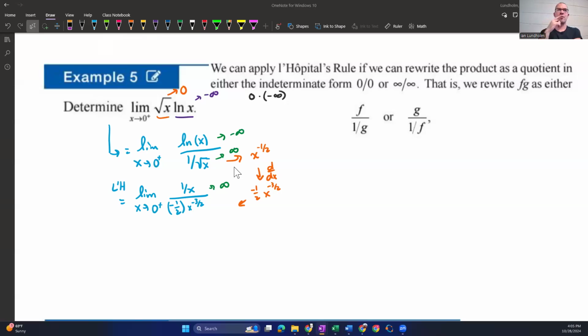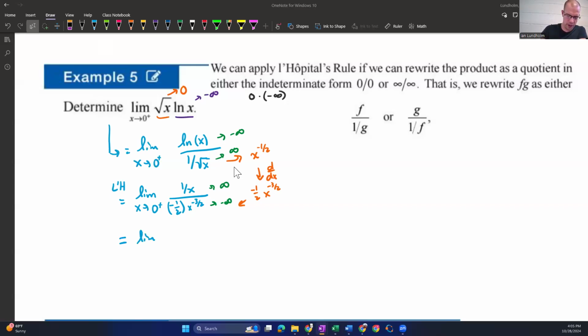I think the bottom now is negative infinity. The main thing, though, is that we can continue to work with this, and I think that we can find a common factor of 1 over x on top and bottom to simplify this a bit.